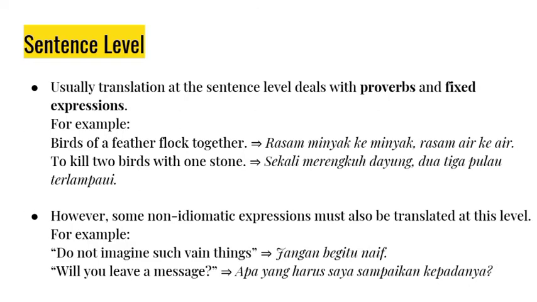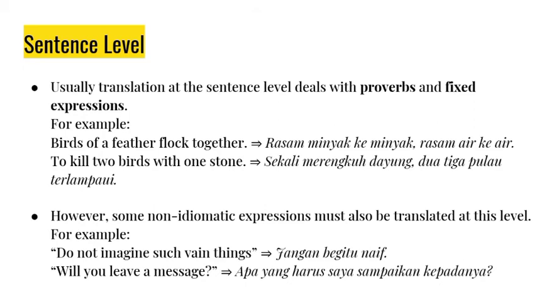This proverb means that people will eventually go back to their group where they belong. So both in English and Indonesian, the readers who understand the language will understand the meaning of the sentence.